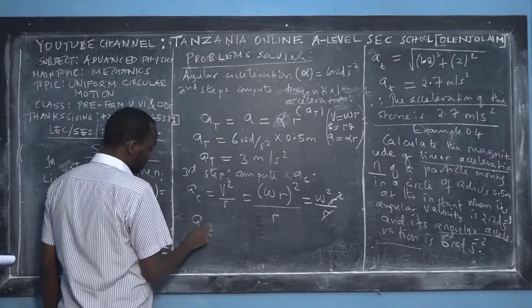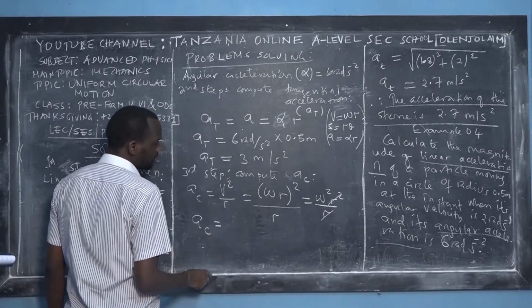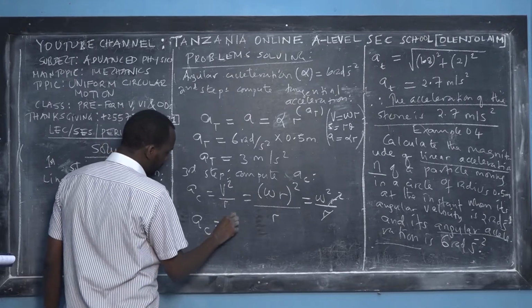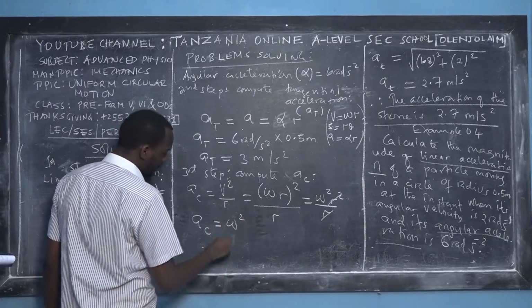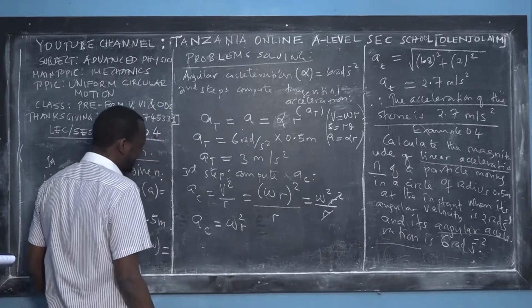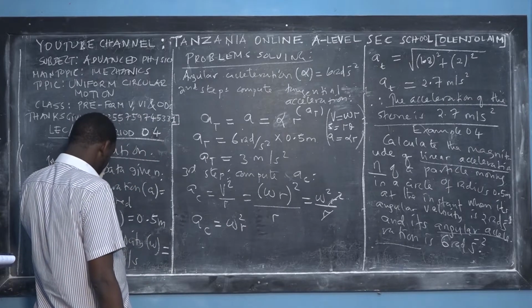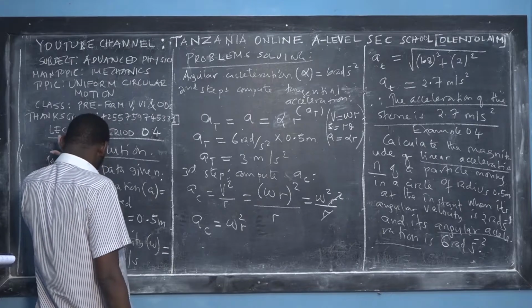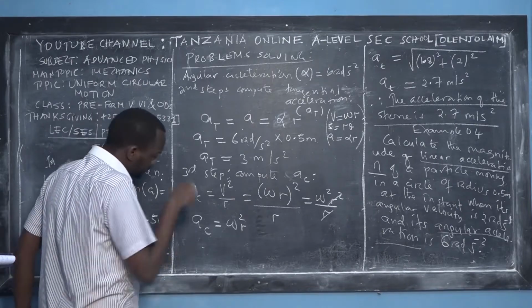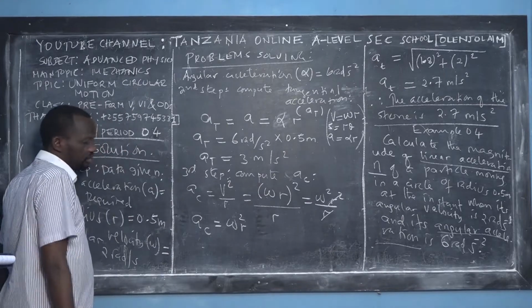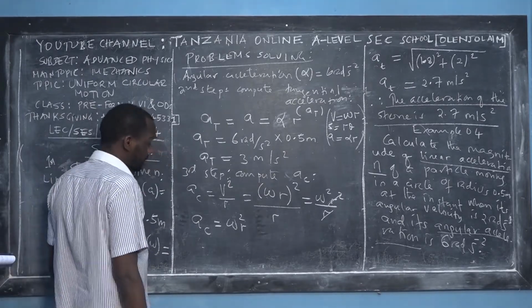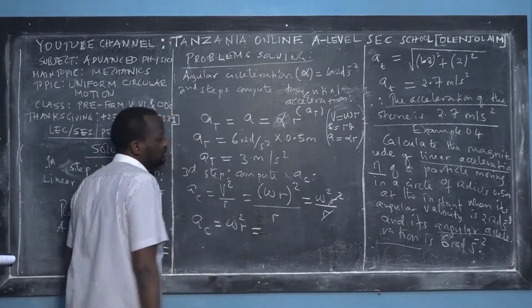So centripetal acceleration is equal to angular velocity squared times radius r. So at least we have the angular velocity given in the question.